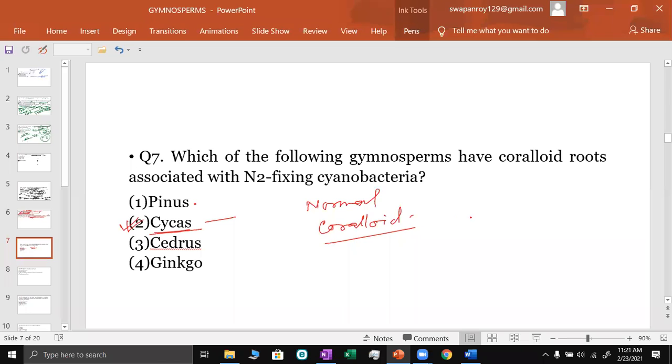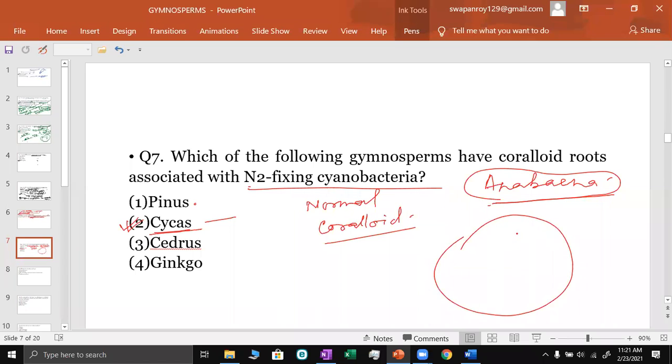And the coralloid root has nitrogen fixing cyanobacteria, that is Anabaena. If a section of the root is cut, there is a ring of a special type of cells which is completely different from the rest of the parenchyma cells.